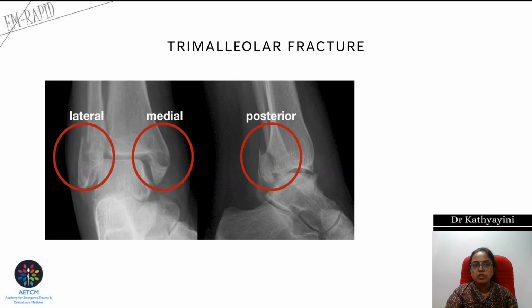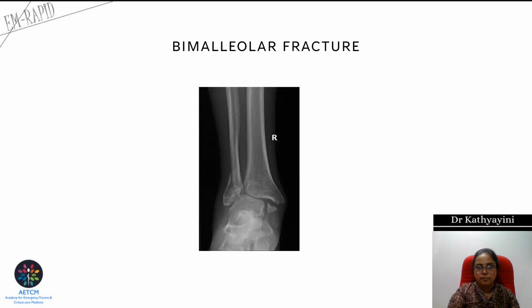Here you can see in the first figure, lateral and medial malleolar fractures in the AP view, and in the lateral view we can see that the posterior malleolus is also involved. So it is a trimalleolar fracture. Here again, we can see that it is a bimalleolar fracture involving medial and lateral malleoli, but again, a lateral X-ray should be taken to rule out posterior malleolar involvement.